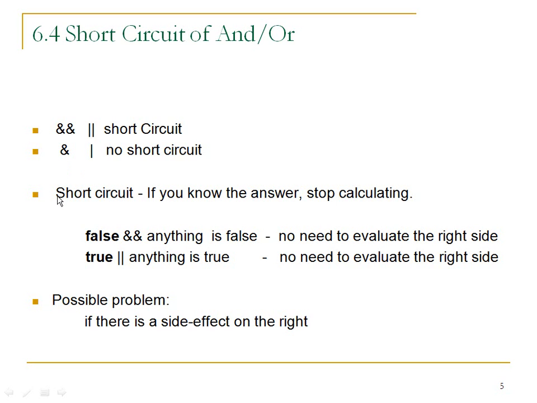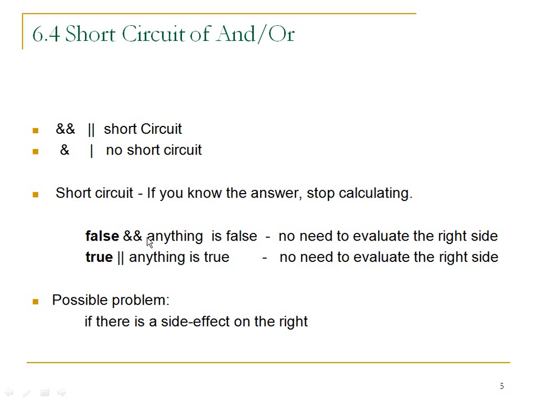Now let's look at what the short circuit behavior is. If you're using the AND operator and you have false on the left, you know the answer. Without looking at what's on the right, you know that the answer is going to be false, because false and anything is false.